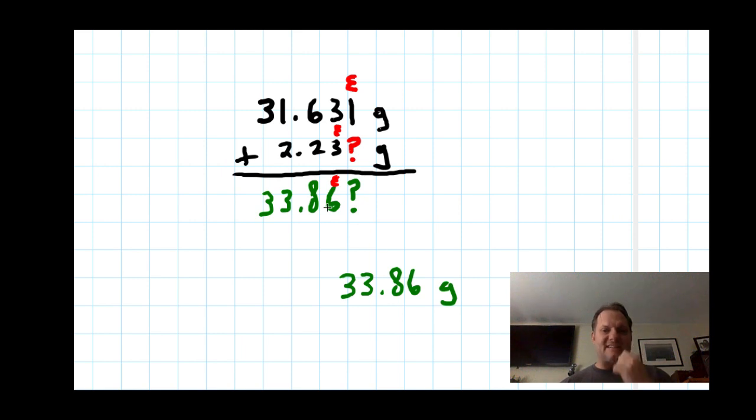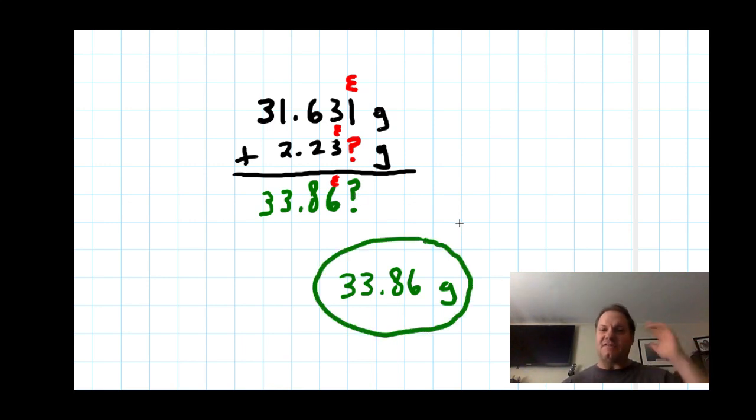That 6 is an estimate, so that's the last thing I report. Everything I'm sure of, plus this guy, that's the estimate. Of course, I got rid of that other stuff because I have no idea what it was. This number now fits our definition of sig figs. It's everything we're sure of plus one estimate.